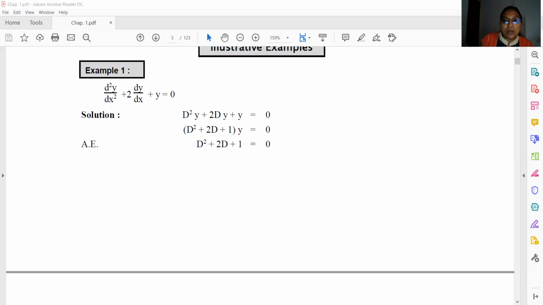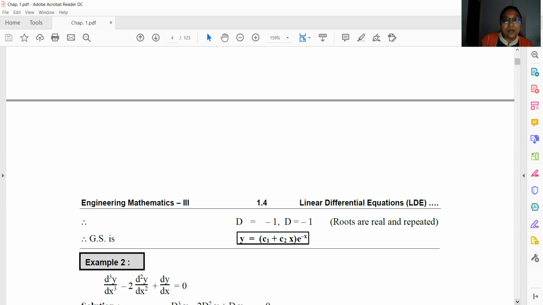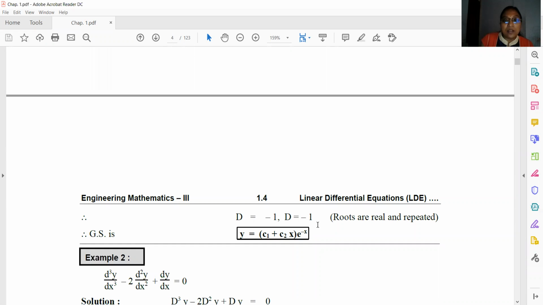When we solve it, we get the values of D, and you can see here the values of D are minus 1, minus 1. And the values are real and repeated, right? So whenever the values are repeated, in this case again repeated 2 times, we have to use 2 constants, c1 plus c2x, e raised to minus x, the exponential term with this root.